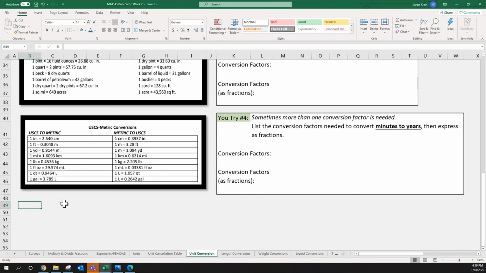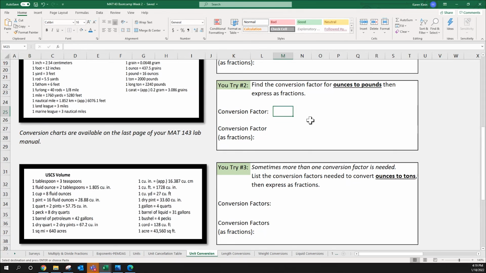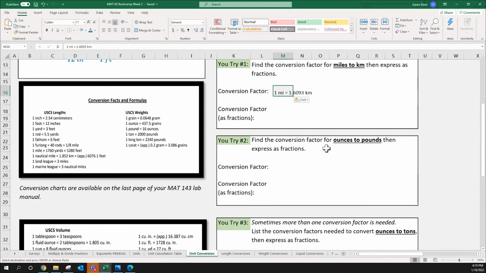It says 1 mile equals 1.6093 kilometers. I'm just going to copy that and bring it up here for me to use. So 1 mile is equal to 1.6093 kilometers.